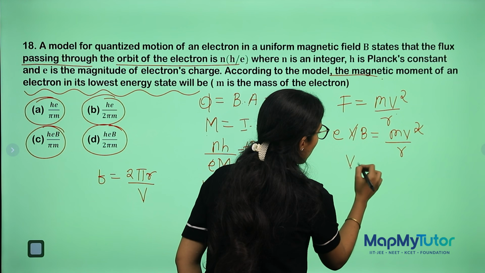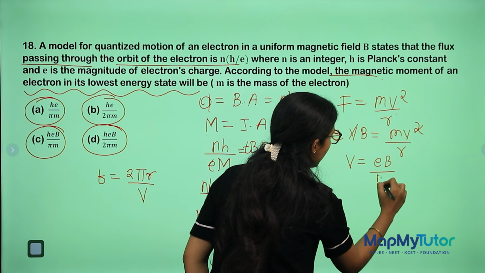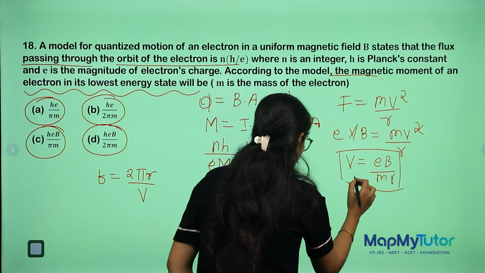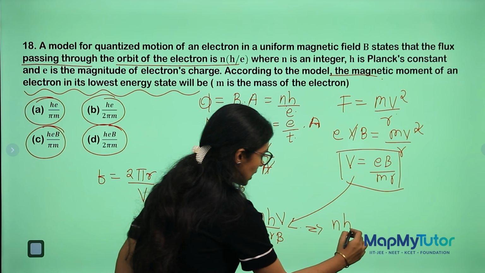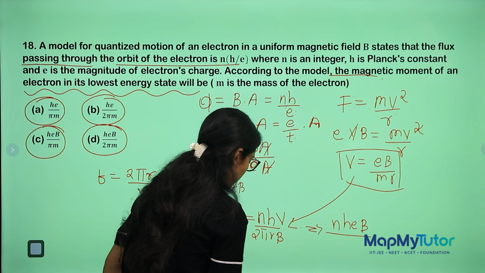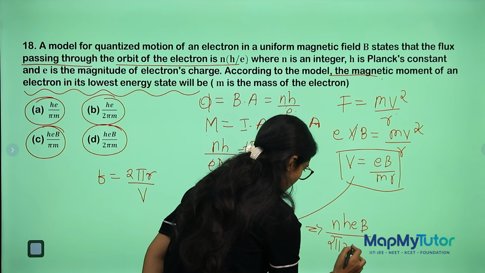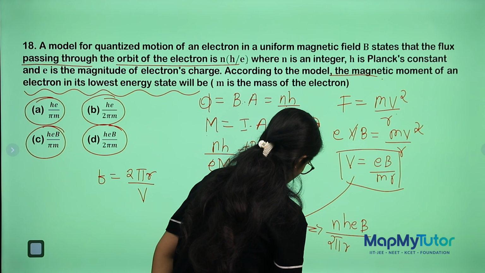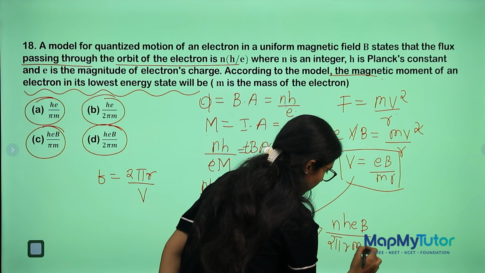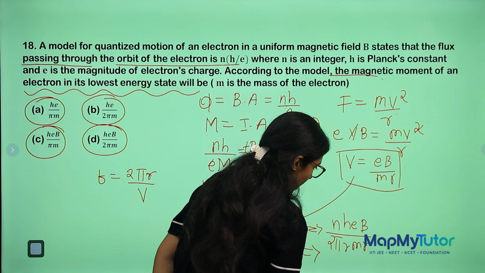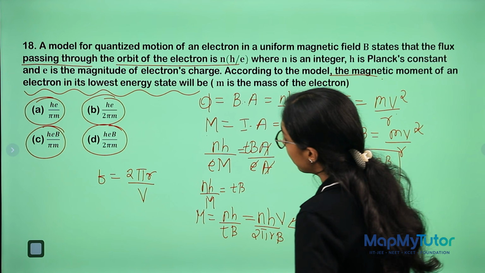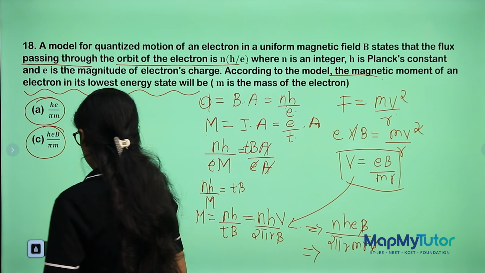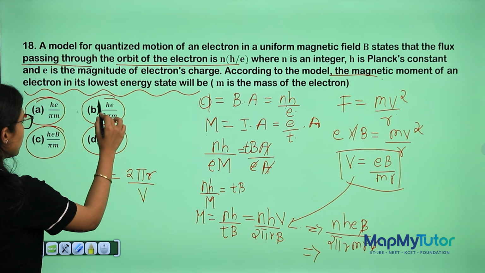Cancel your V and get your V value as eBR by m. Substitute this value here again. You will get nh eB by 2 pi R times mR. So the correct answer would come as nhe by 2 pi m. That is option B. So option B is the correct answer.